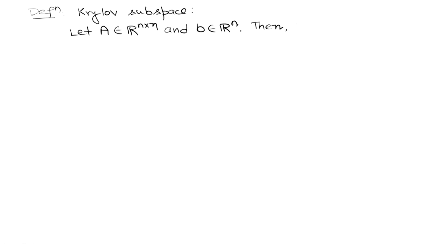Then the Krylov subspace, which is denoted as K_j(A,B), is defined as follows.